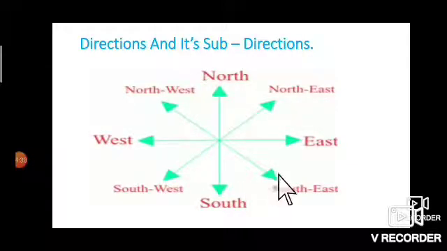The direction that lies between east and south is known as southeast. The subdirection which lies between west and south is known as southwest. The subdirection between north and west is known as northwest. These are known as directions and their subdirections.